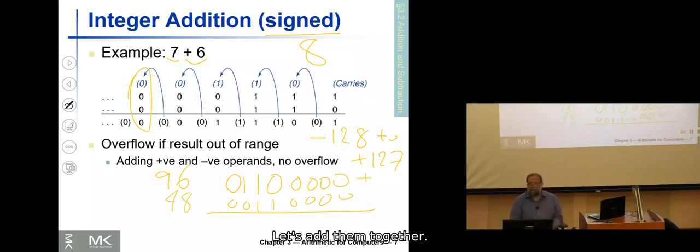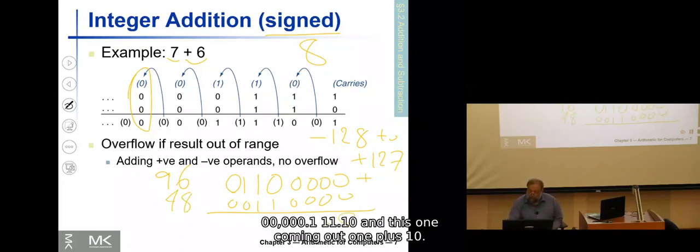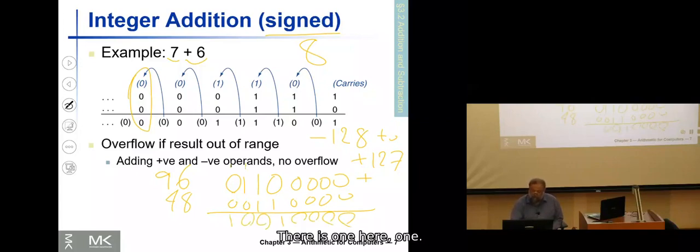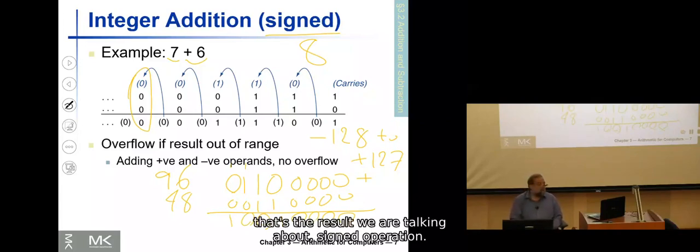Let's add them together. 0, 0, 0, 0, 0, and 1, 1, 1, and 1, 0. Then this 1 coming out, 1 plus 1, 0. There is 1 here. Now look at this number. That's the result. We are talking about a signed operation.